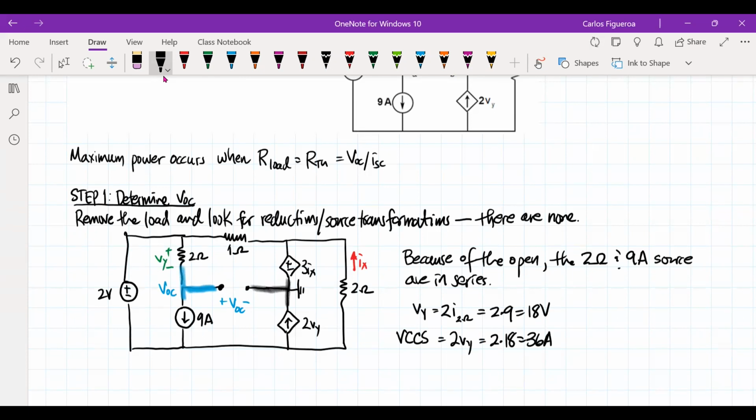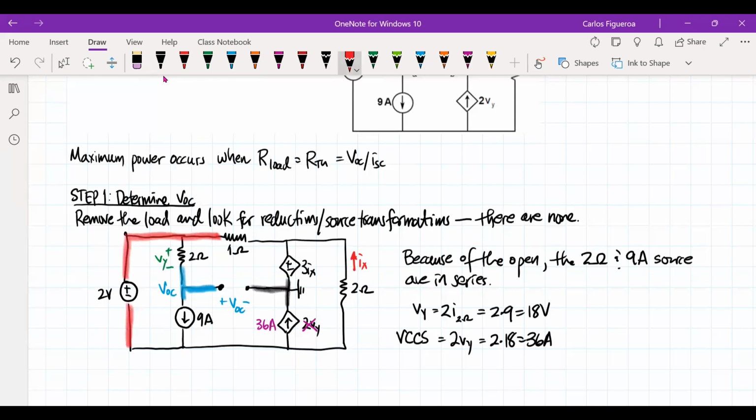So what I can really do here is come in and say, well, that's not 2Vy anymore. This is 36 amps. So this is not a dependent source anymore. It's an independent source. Now I'm going to start to look at my numbers here. So here's my one node right here.